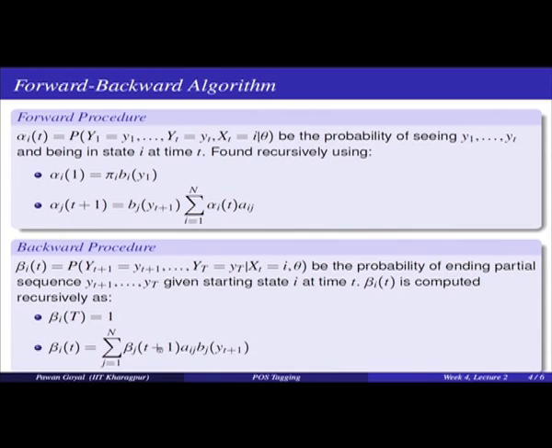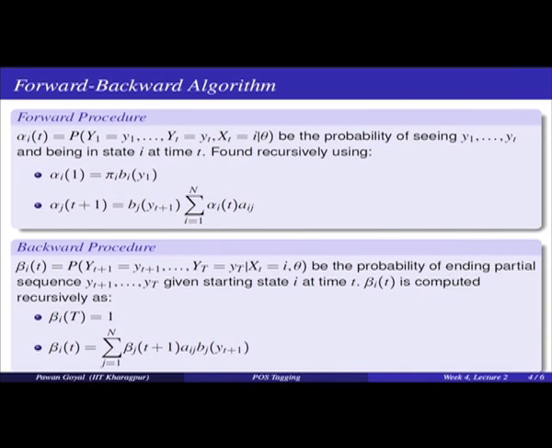So this is beta j at time t plus 1, transition probabilities from I to j, and the emission probability for the t plus 1th observation, and you will sum over all the possible states j. Very similar to the forward procedure. That's what you will do in the backward procedure for computing beta j in a recursive manner.